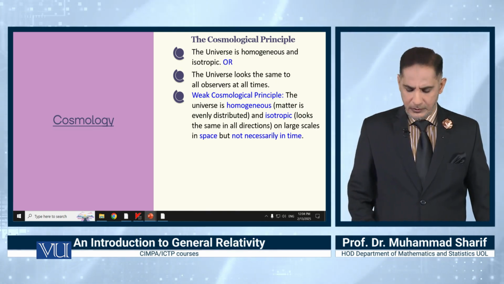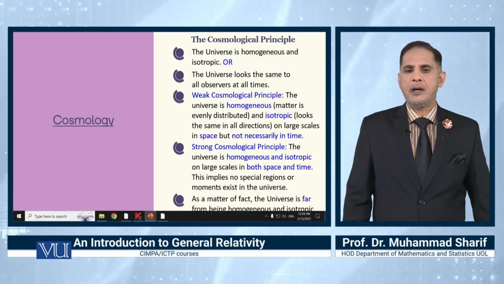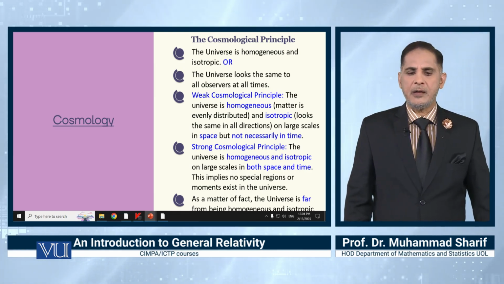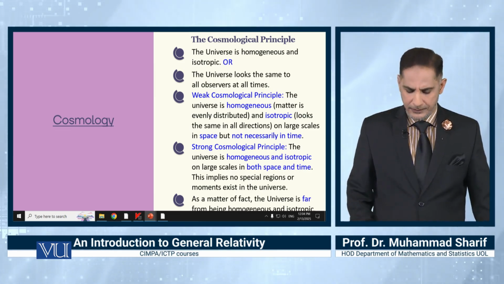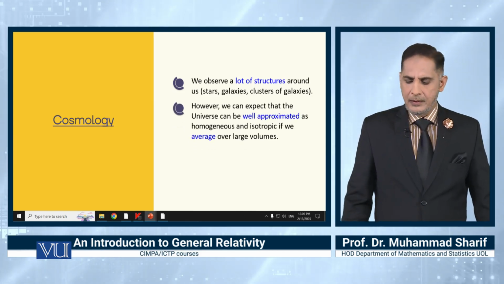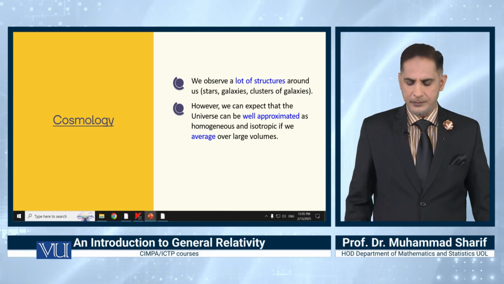However, in the strong cosmological principle, we have homogeneity as well as isotropy with respect to space as well as time. So, this is the strong version of the cosmological principle. As a matter of fact, the universe is far from being homogeneous and isotropic. However, although we observe a lot of structures around us, we can expect that the universe can be well approximated as homogeneous and isotropic if we average over large volumes.